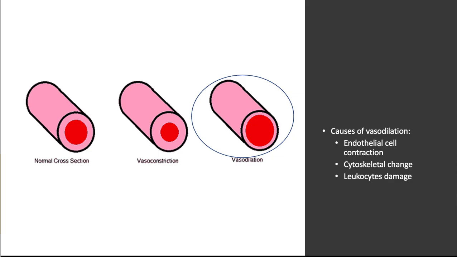Vasodilation first involves the arterioles and then leads to the opening of new capillary beds in the area. The result is increased blood flow, which is the cause of heat and redness, erythema, at the site of inflammation.